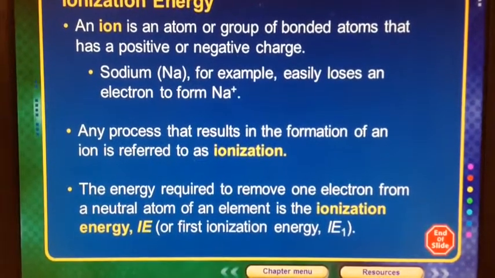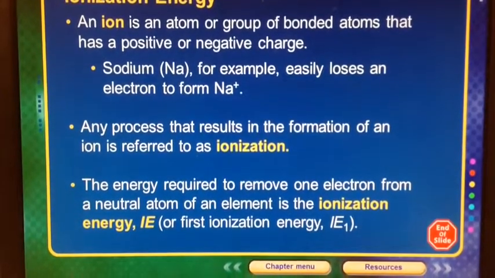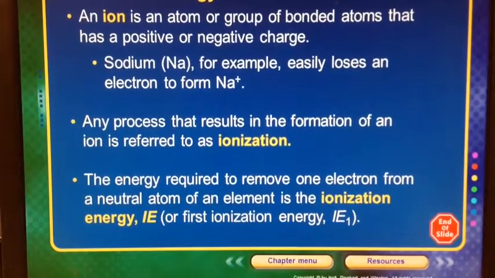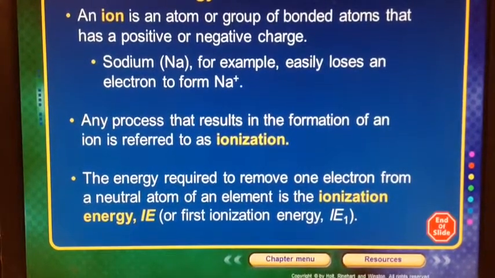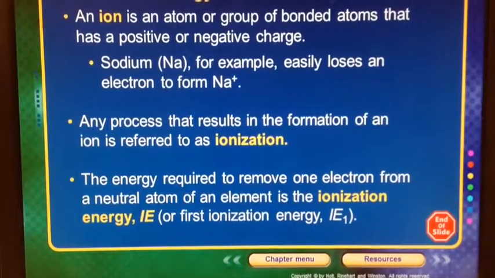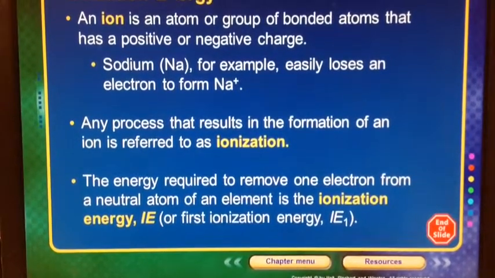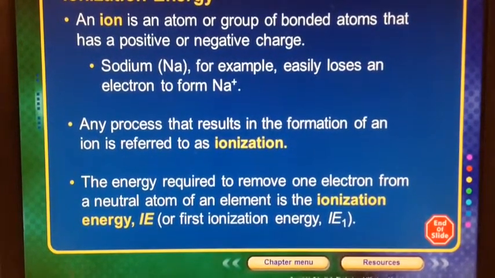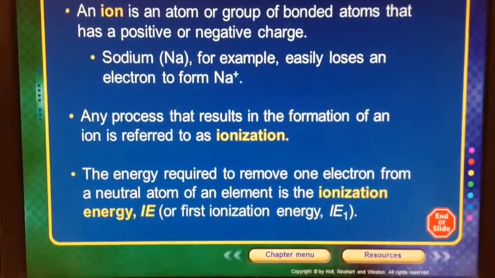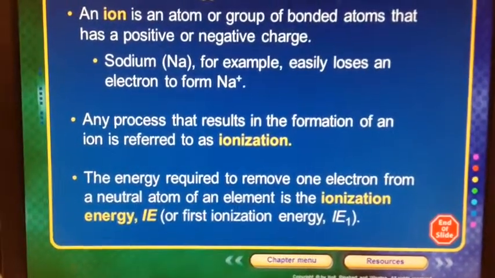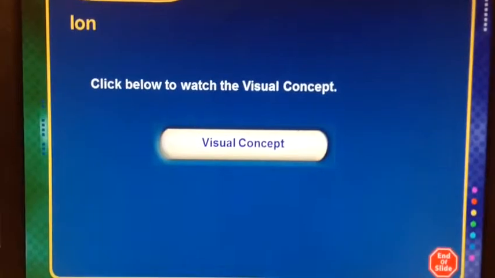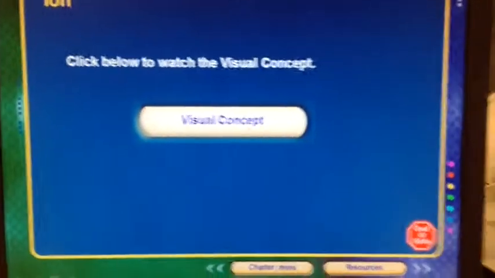The energy required to remove one electron from a neutral atom of an element is the ionization energy. We could call that IE or IE1, which would be the first ionization energy. All right, let's watch our visual.